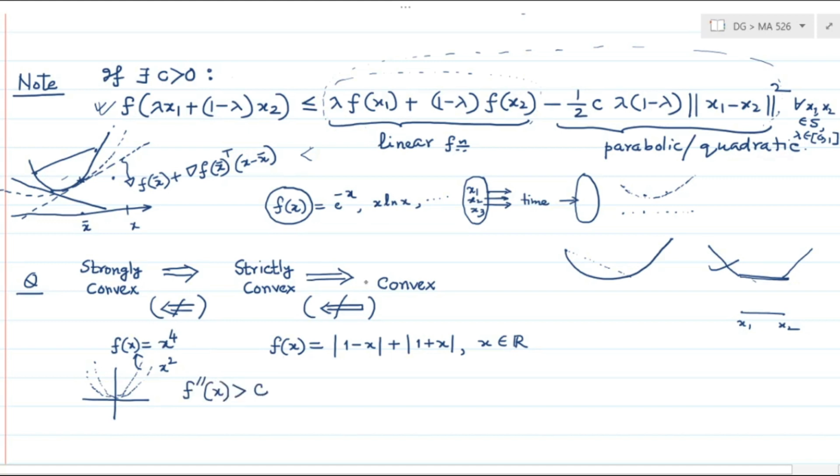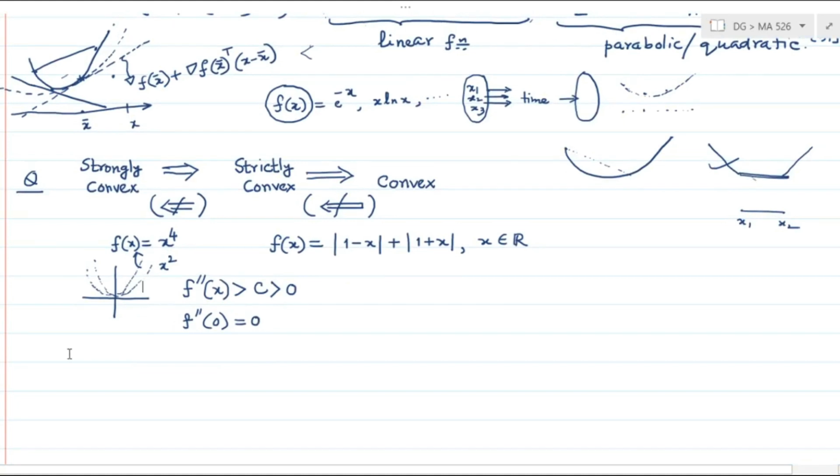The constant c is in the definition of the strongly convex function, and this c is a positive quantity. But here for this function f(x) equals x to the power 4, we note that f double dash at the point 0 is equal to 0, and that's why this function will fail to be strongly convex. Well, this is much about the definition of strongly, strictly, and convex notions.